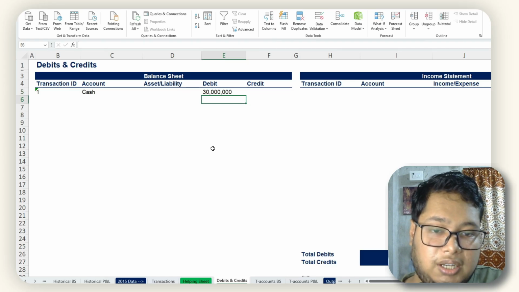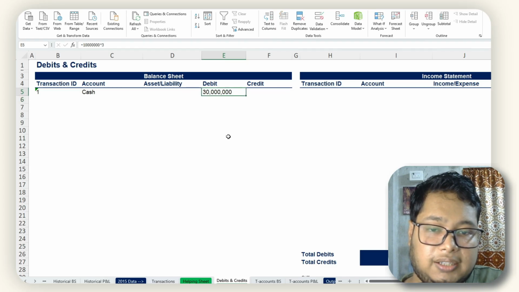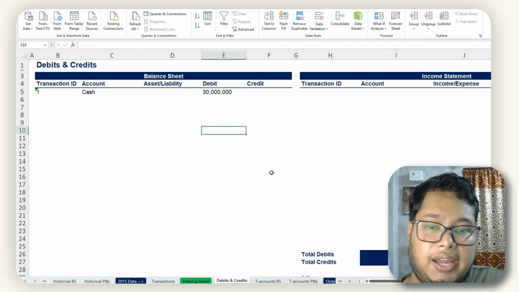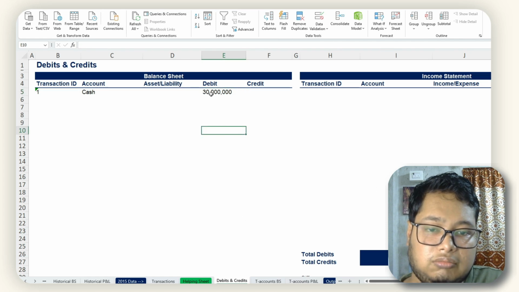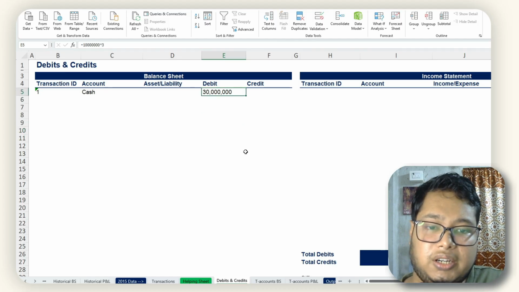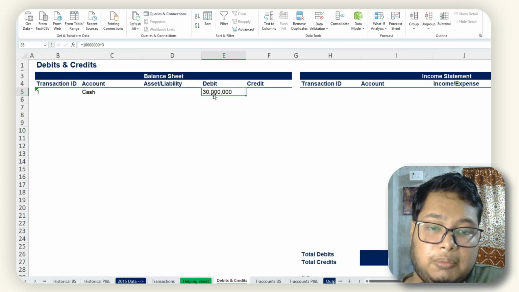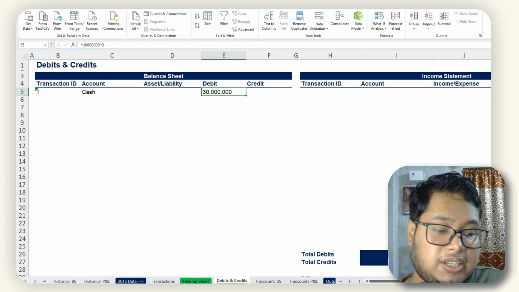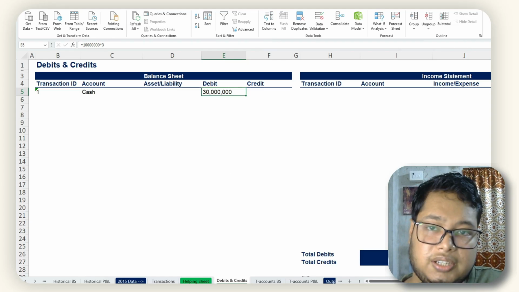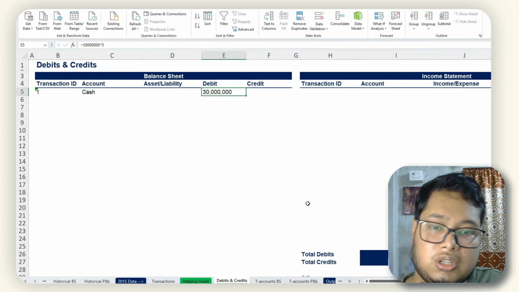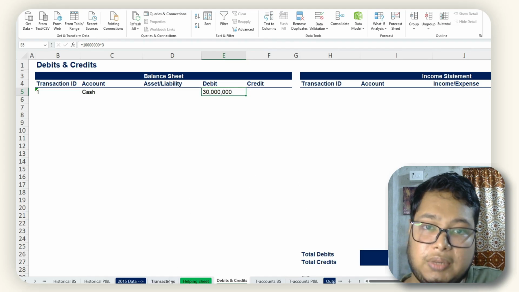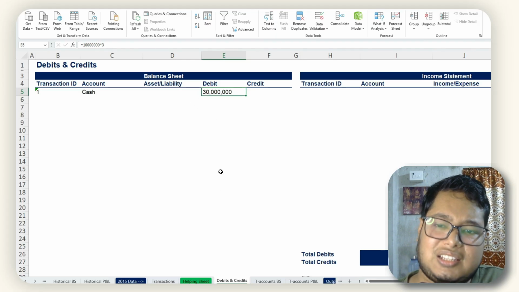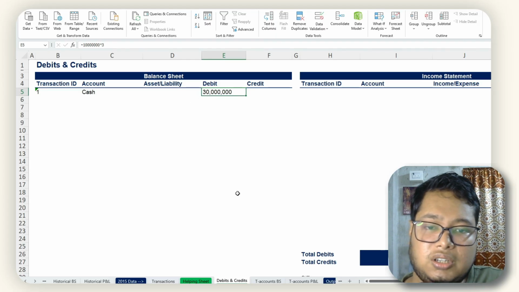If you are wondering why the number format looks like this, maybe it came with that sheet only, I don't know. And another thing, the thousand separator: you may have noticed that I'm getting it in millions, so there's another reason for it. I have changed my regional location to US, because I know the transactions are in millions and the thousand separators look like this, and I'm from India, so it might look different.